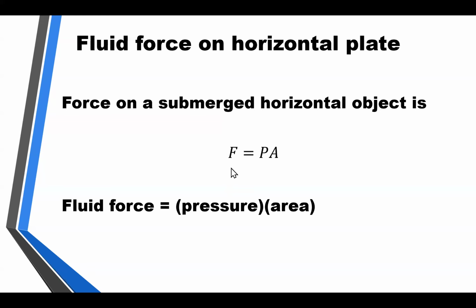What we do to find the force being applied to that horizontal object is simply multiply the pressure times the area of that object.